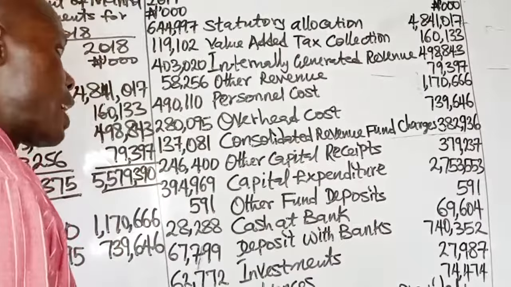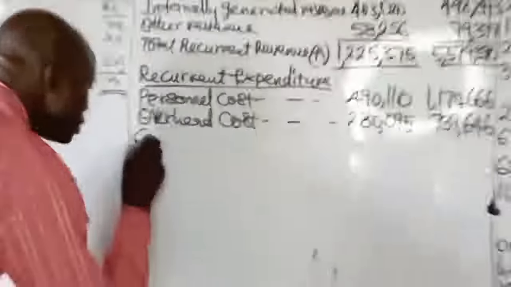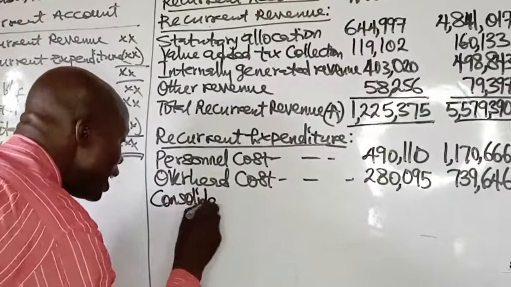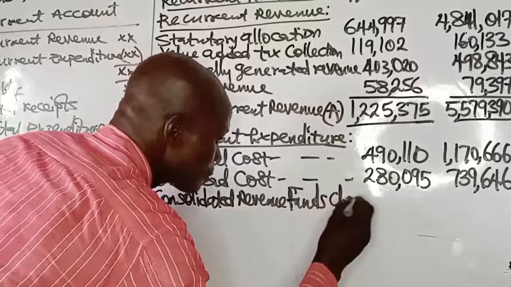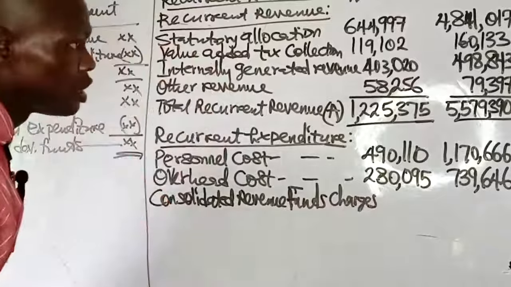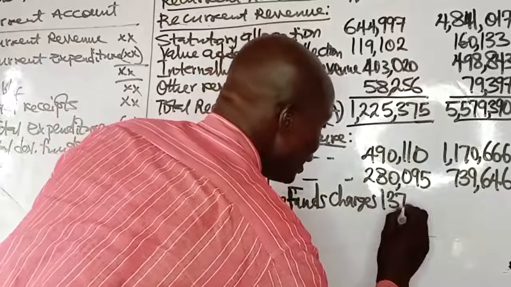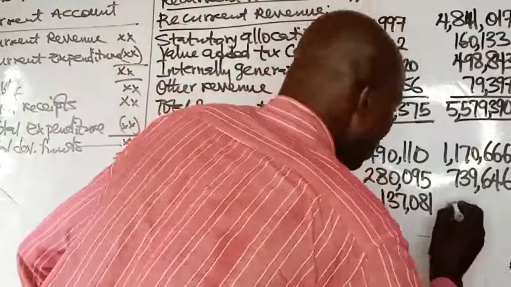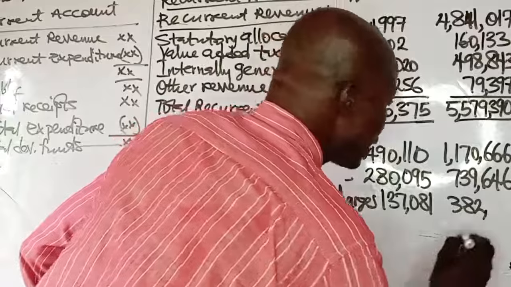So now, consolidated revenue funds charges: 137,081 for 2017, and that of 2018 is 382,936.